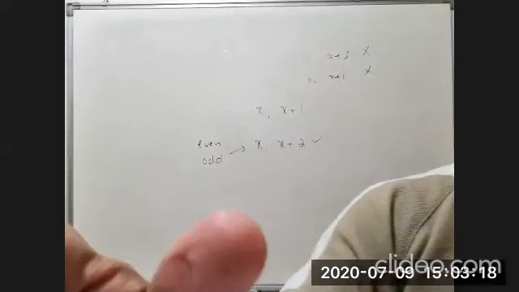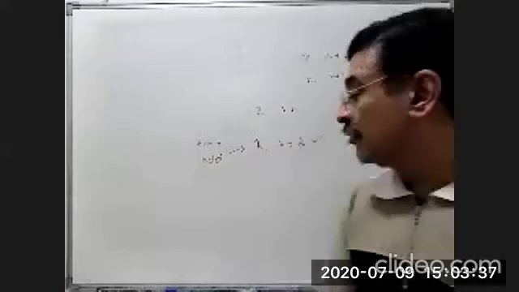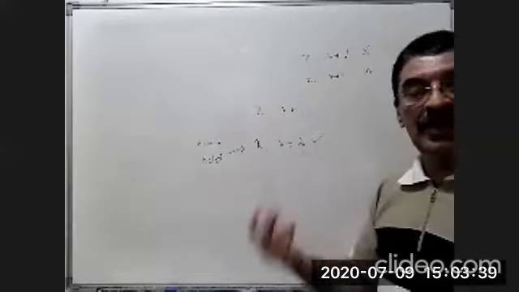The reason is the difference between two consecutive even integers as well as two consecutive odd integers is the same, x and x plus 2.